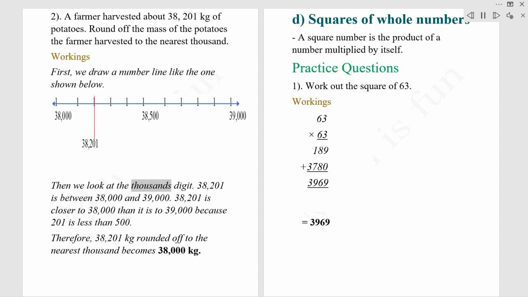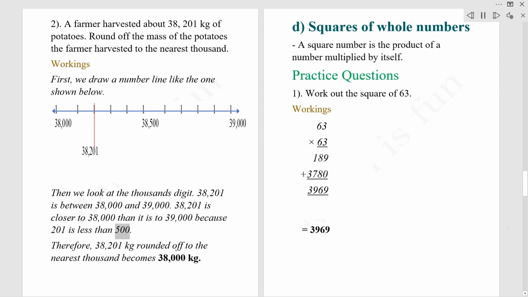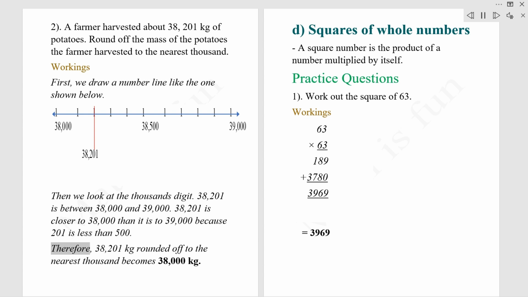Then we look at the thousands digit. 38,201 is between 38,000 and 39,000. 38,201 is closer to 38,000 than it is to 39,000 because 201 is less than 500. Therefore, 38,201 kilograms rounded off to the nearest thousand becomes 38,000 kilograms.